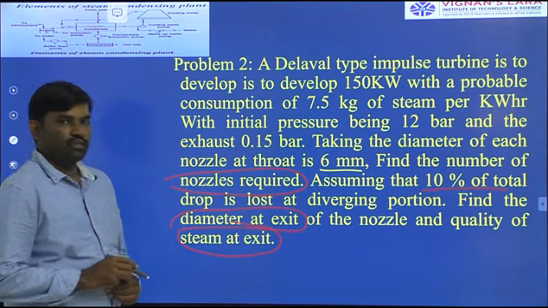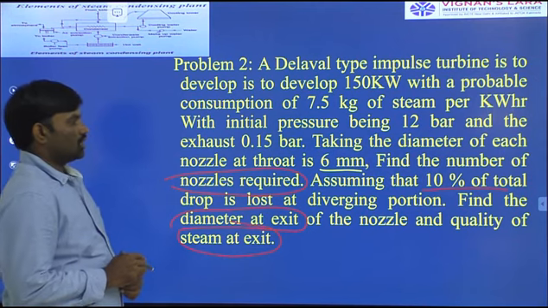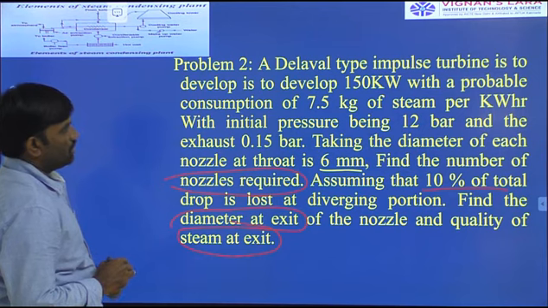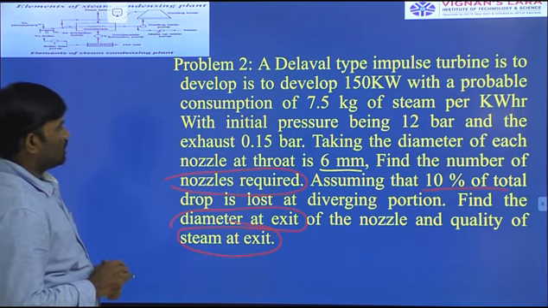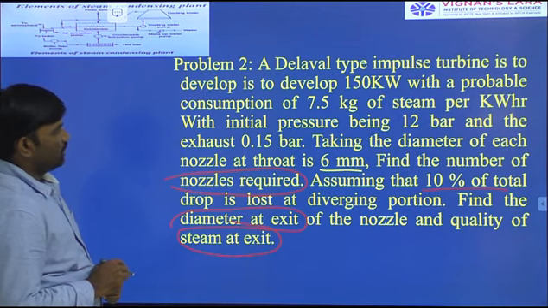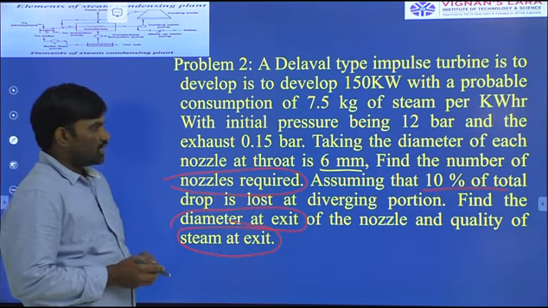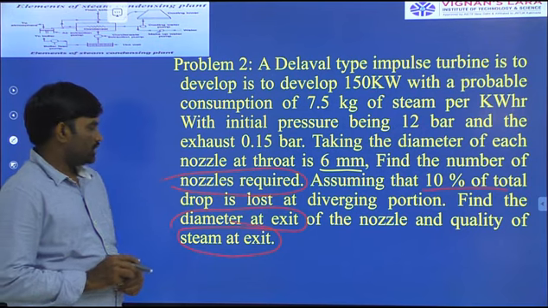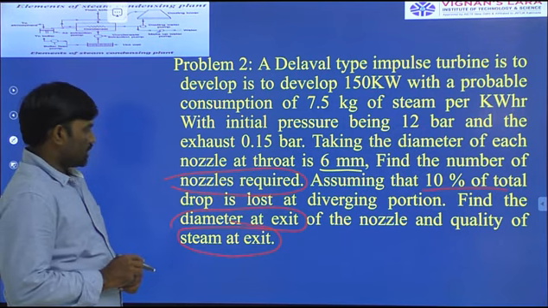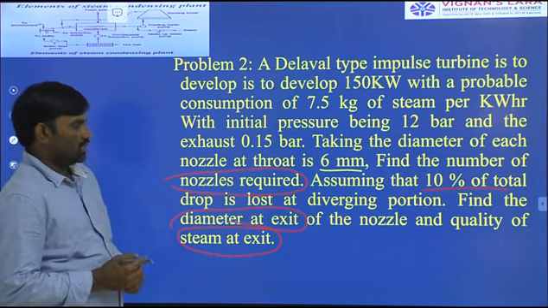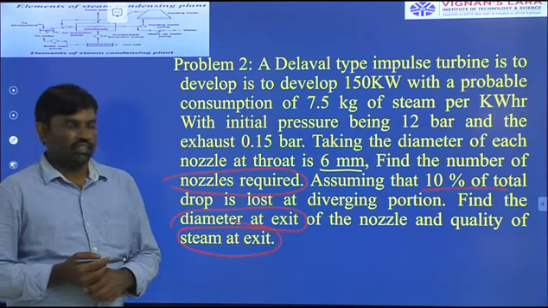Total drop means H1 minus H3 is the total drop. Based on this data, you have to solve the present problem: find the number of nozzles required, and based on the 10% of total drop in the nozzle section, find the diameter at exit and quality of steam at exit.